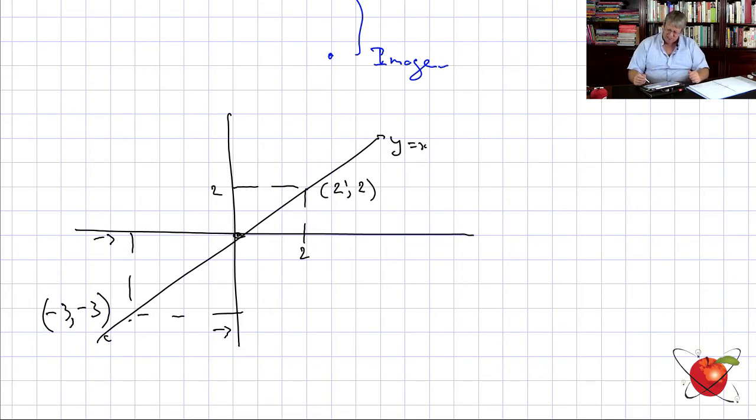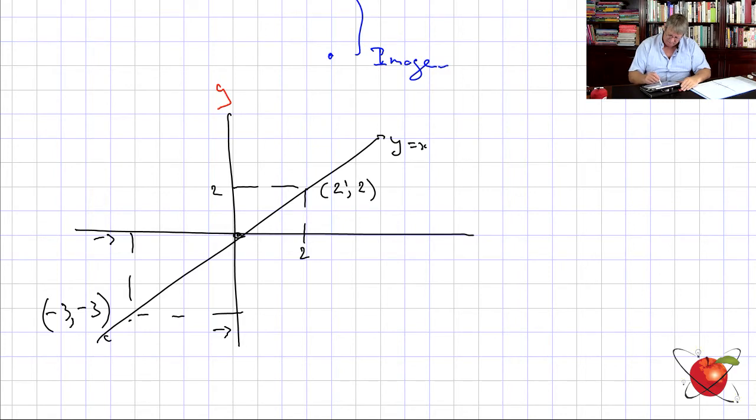Now they say to us, reflect that about the y-axis. Well, let's do it. It means that the y-axis becomes the mirror, doesn't it? Therefore, any point that I've got, the black ones, are my objects.